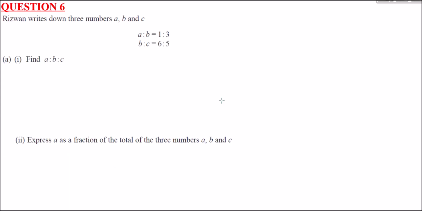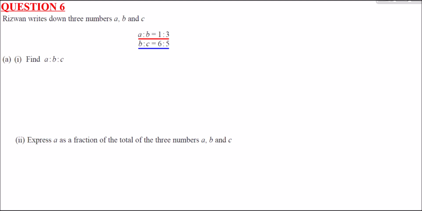Question 6. Rizwan writes down 3 numbers A, B and C. So for part 1 of A, we need to find A to B to C. The first piece of information, in terms of ratios, we're told is that the ratio of A to B is 1 to 3. We're then also told that the ratio of B to C is 6 to 5.